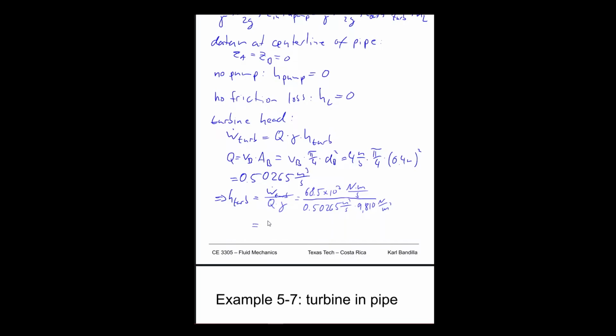And of course that should come out as a length. Let's write down the number, and then let's look at the units. 13.89158 meters. So we have the newtons that will cancel out. We have cubic meters that cancel out. We have seconds that cancel out. We're left over with meters. Exactly what we wanted.